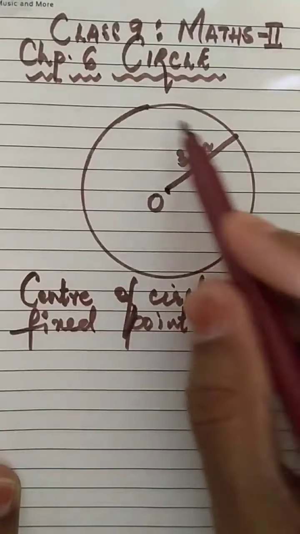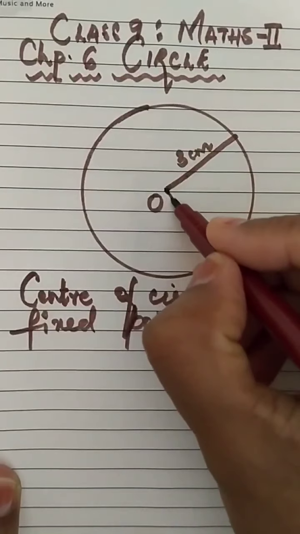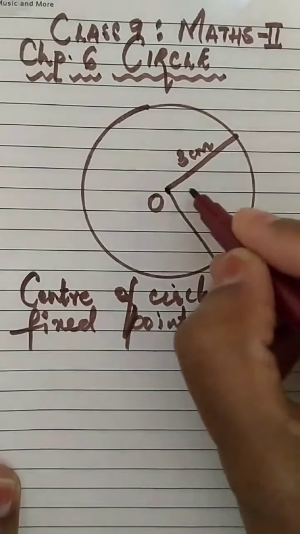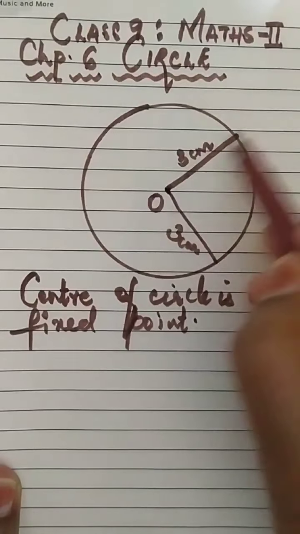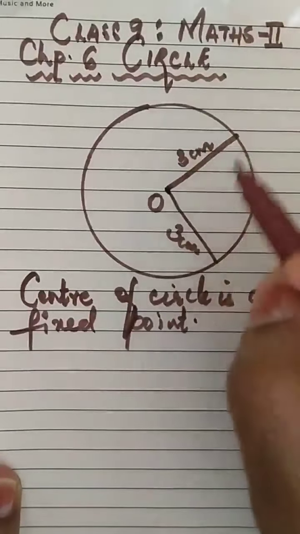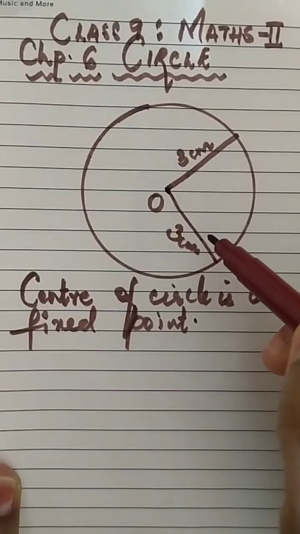So on any point on the circle, if I take another segment, this will also be 3 centimeter, because the radii of a circle are the same. Anywhere you draw the radius, it will be 3 centimeter.